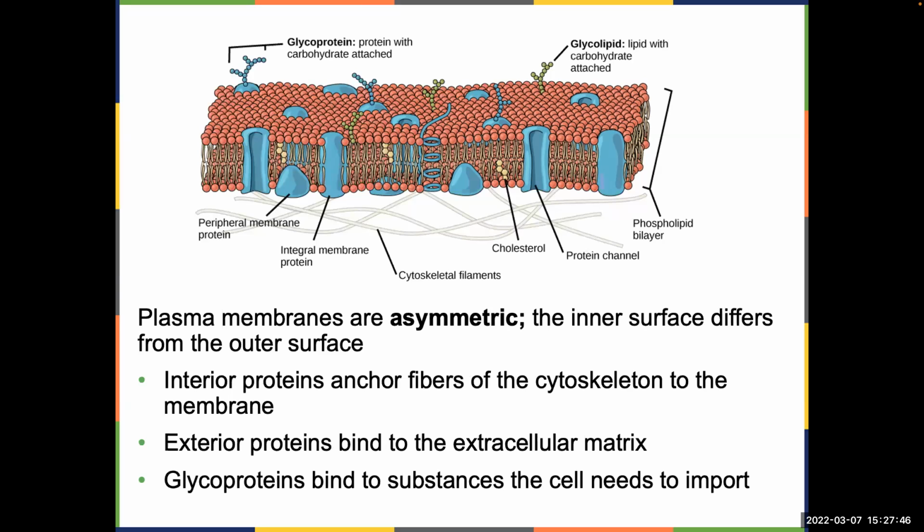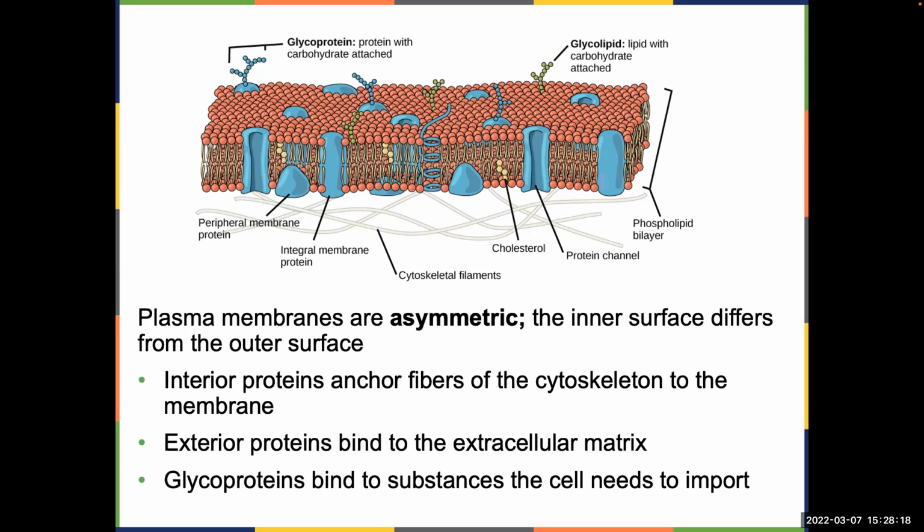Plasma membranes are called asymmetric because the inside surface does not match the outside surface. They're very different. Interior proteins can anchor fibers of the cytoskeleton to the membrane, whereas exterior proteins bind to the extracellular matrix. Glycoproteins bind substances that the cell needs to import.